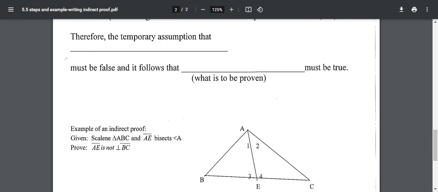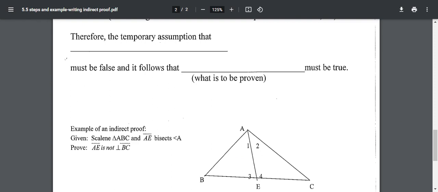So just coming up with a plan for this, I know that if a triangle is scalene, AB is not congruent to AC, nor is BC congruent to either AB or AC.